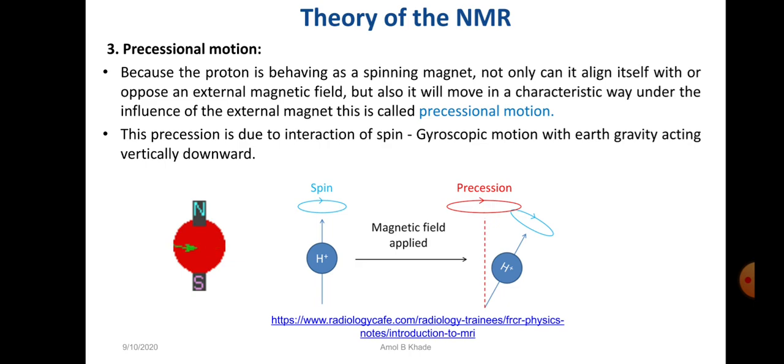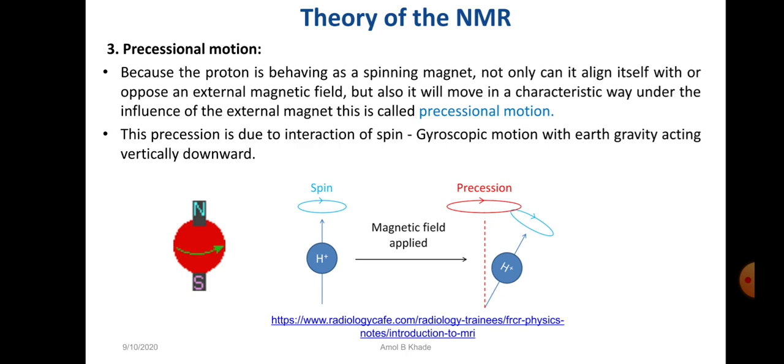So what is precessional motion? You can see in this figure that precessional motion is similar to the movement of a rotating top. When the top is about to fall down, it performs a slow, wobble-like motion, and this is nothing but precessional motion.